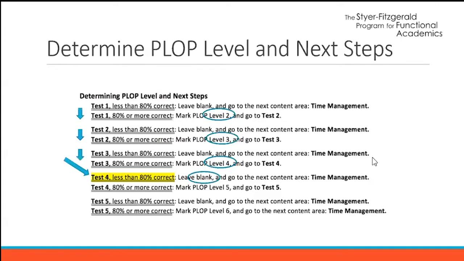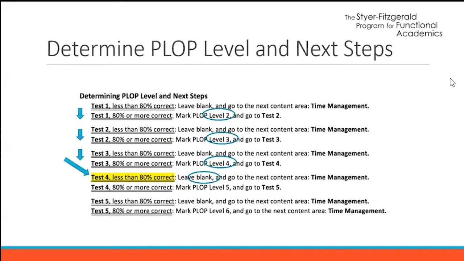It was 60%. So the assessment manual tells us, test 4, if you get less than 80% correct, you leave that one blank on the present levels of performance chart and go to the next content area for assessment, time management, right?